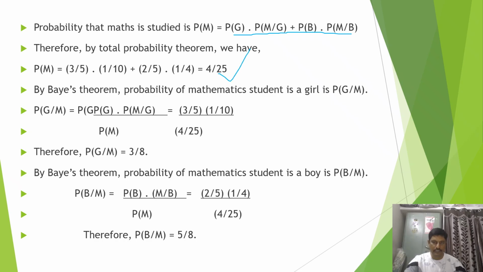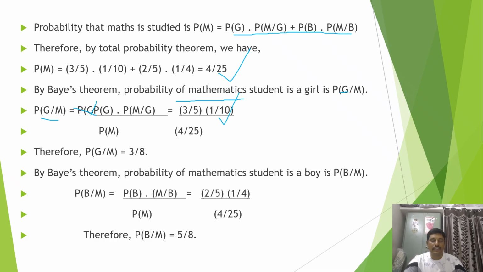You can calculate it by using a calculator. So by Bayes theorem, the probability that a mathematics student is a girl: if we select a student randomly and we know that the student is studying mathematics, what is the probability that the student is a girl? So P of G by M is equal to P of G into P of M by G by P of M, and substituting we will get the answer.